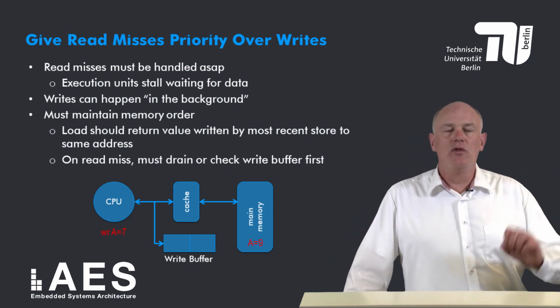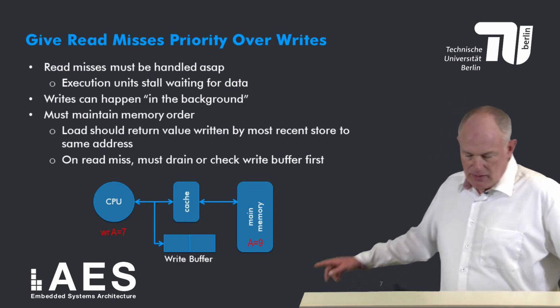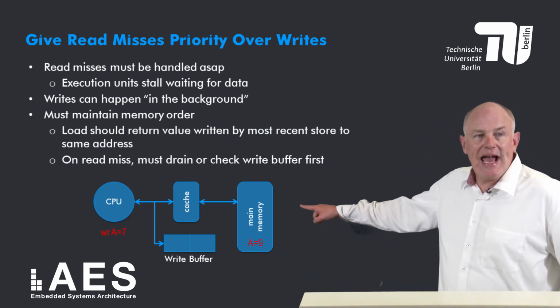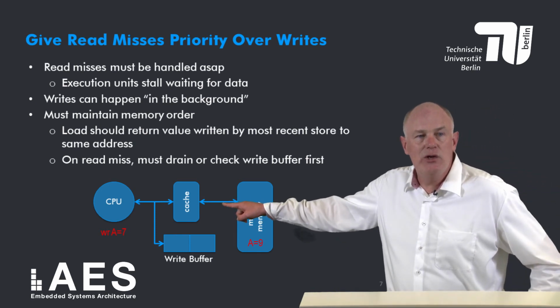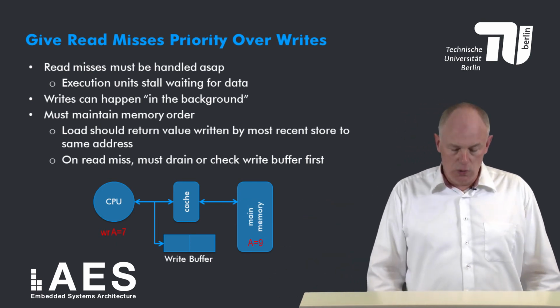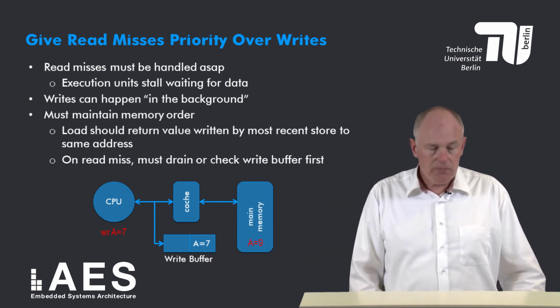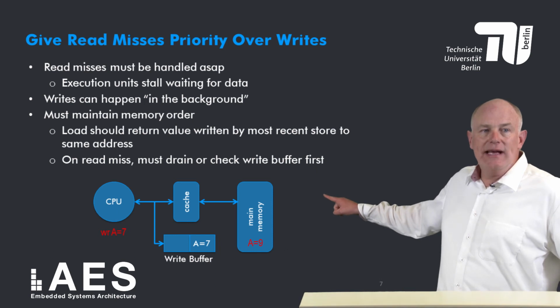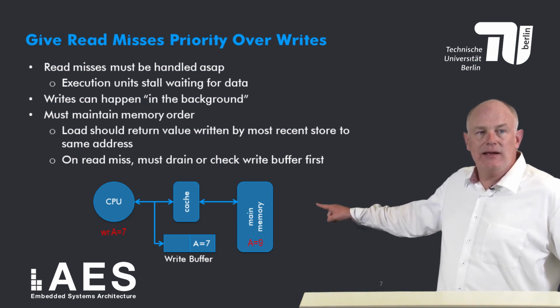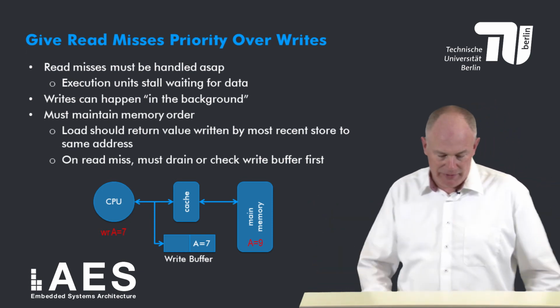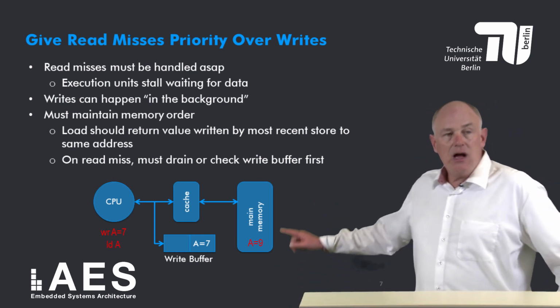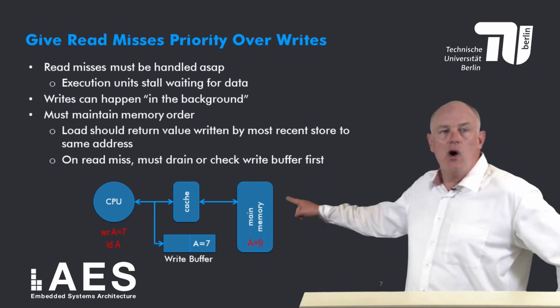Here I have a small demo to illustrate this. We have the variable a in main memory and it contains the value 9. Now the CPU writes a new value 7 to the cache. It doesn't wait until the write is completed, so it writes a becomes 7 into the write buffer. Now the CPU wants to load a.